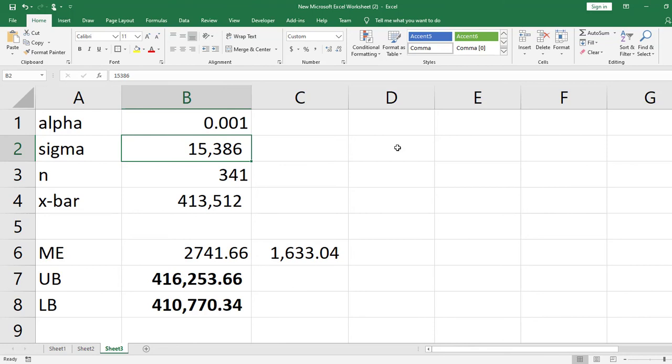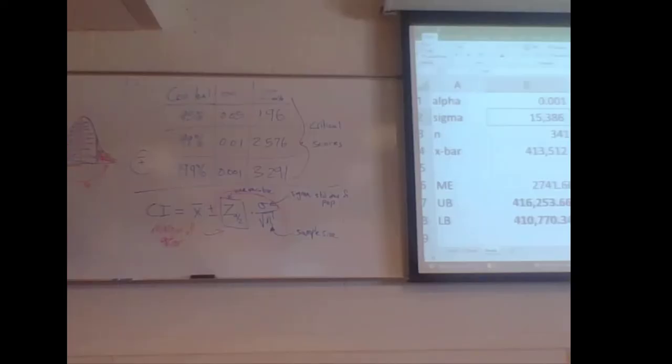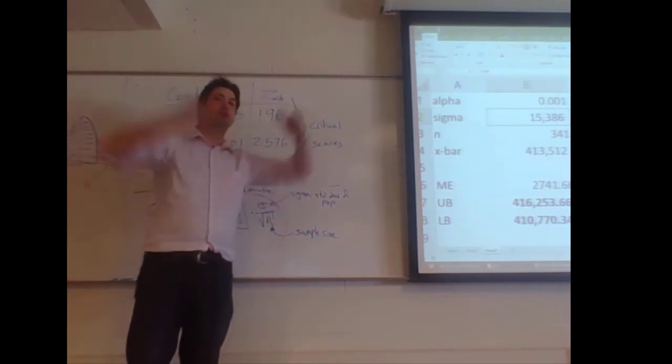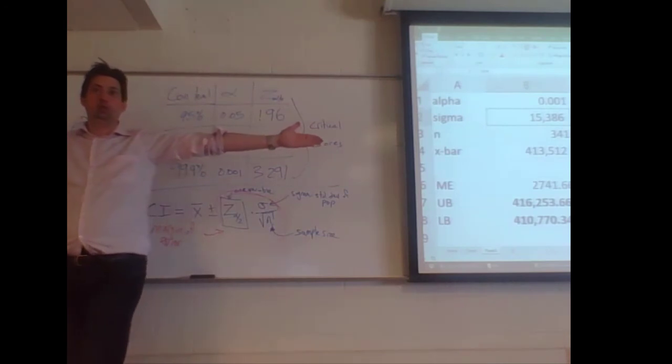So why does it make sense? I'm more interested in why it makes sense that the range goes up. The margin of error went up. It was about 1,600. Now it's 2,700. Why does that make sense? If we want to have a higher chance to capture that true population mean, then we have to establish a larger interval.